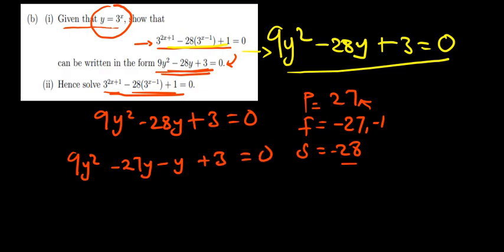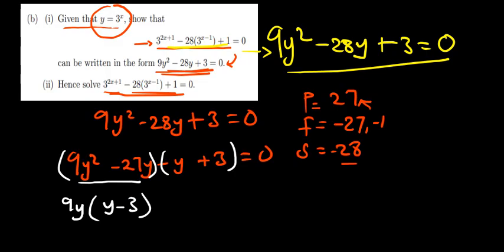We are going to group these now: the first two terms, and the minus y with the 3. In the first bracket, 9y is common, so what remains is y minus 3. In the second, minus 1 is common, and we remain with y minus 3 is equal to 0.